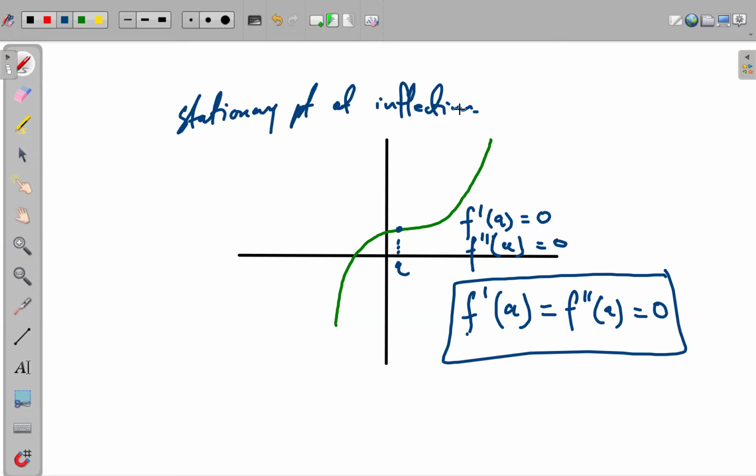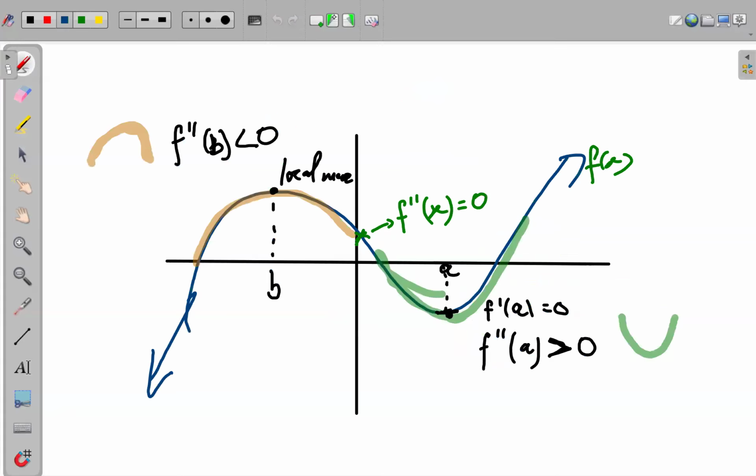So it is very important that when you are given an expression for a function, you are able to tell whether you are dealing with a stationary point of inflection or just a normal point of inflection, which occurs where concavity changes.